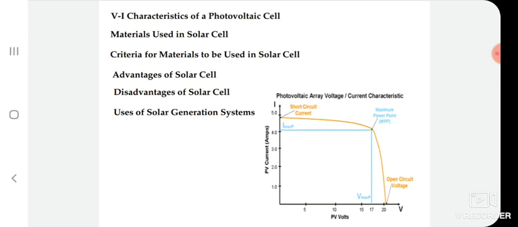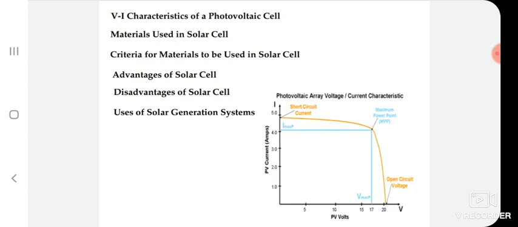Now, criteria for material to be used in a solar cell. These materials must follow 4 criteria, in which the first one is it must have a band gap from 1 electron volt to 1.8 electron volts.